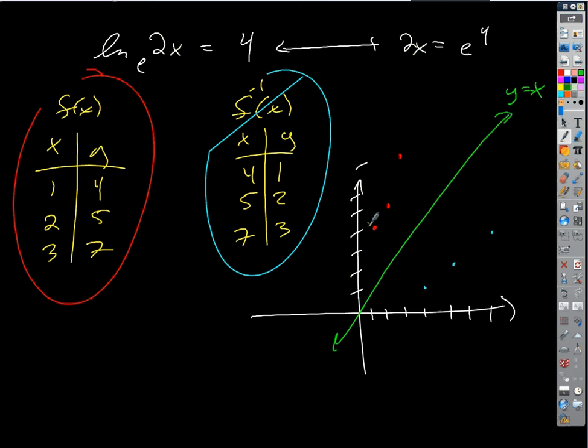Instead of reflecting, you can take the original function, which in this case is just 3 points but could be a continuous curve, rotate it counterclockwise 90 degrees and then reflect over the y-axis, and you always get the inverse every time.